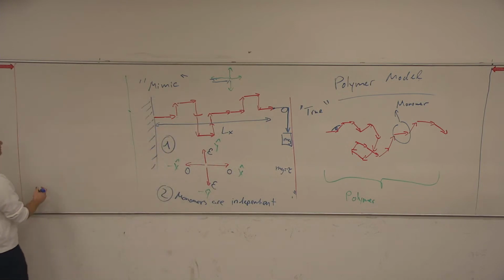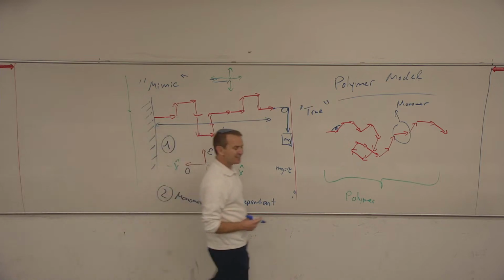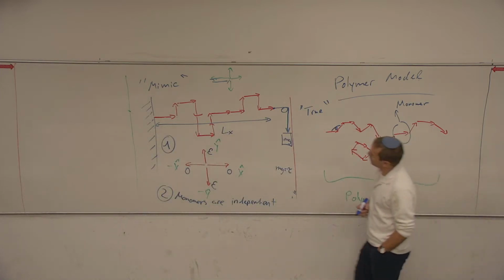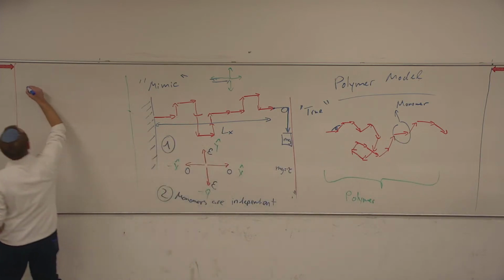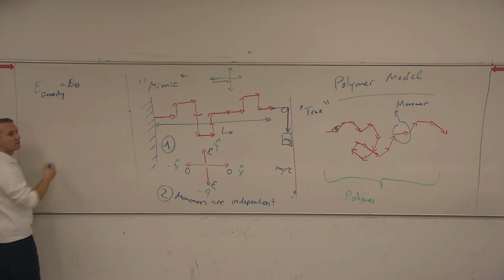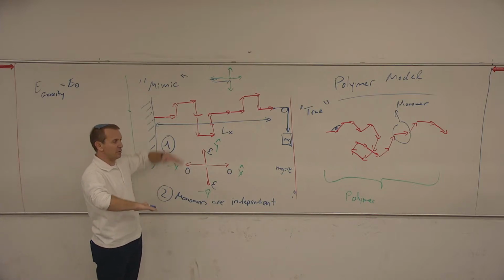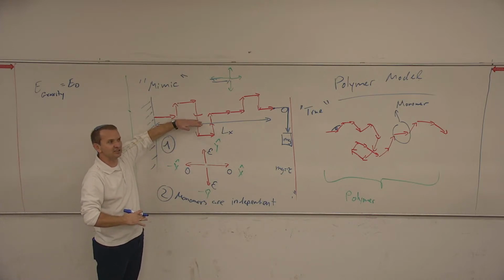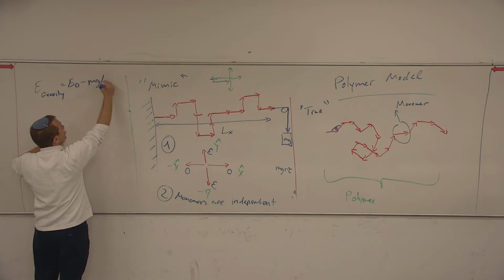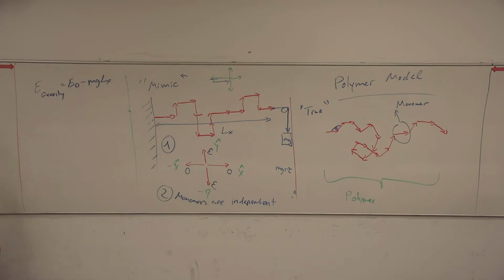So the gravitational energy is E gravity equals some E0, which is where I say the base energy equals 0, minus mg Lx.